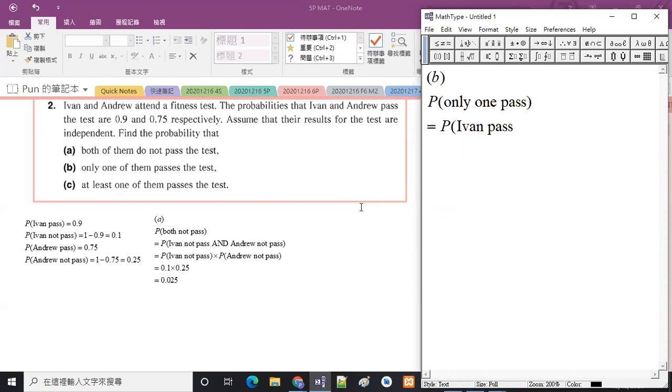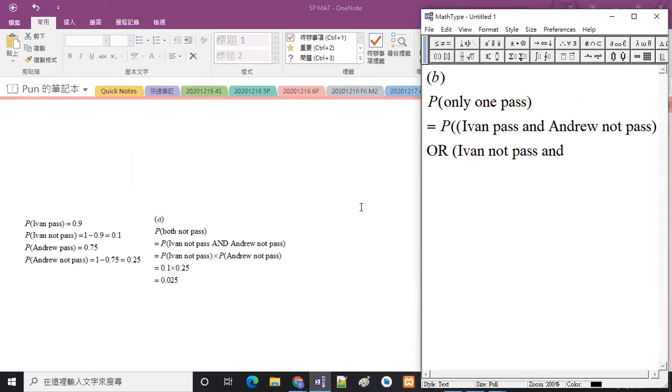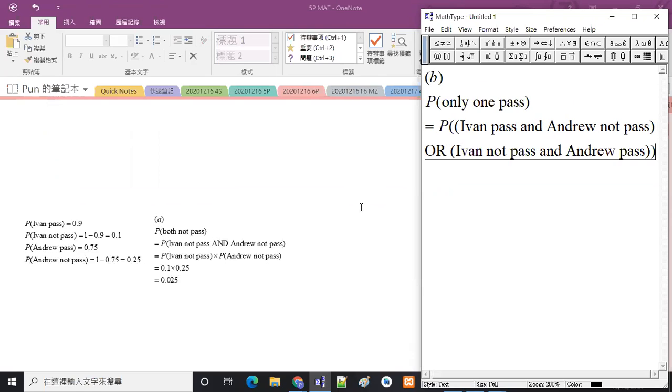So in this case, we need "and" at the same time: Ivan passed and at the same time Andrew does not pass. Can you get this? I need to use a double bracket here because we have another case. The second case is that this time Ivan not pass, and at the same time Andrew pass. Can you get this?